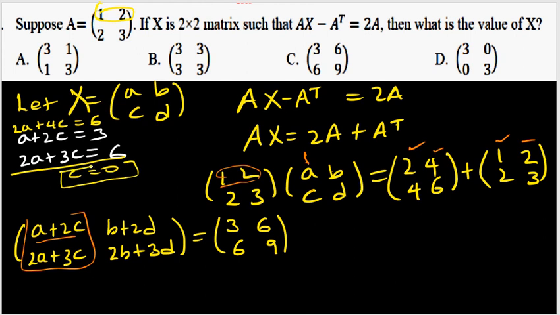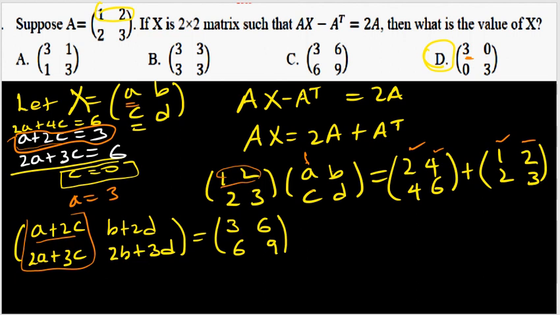Which choice has c as 0? The c place is here, so the answer must be D, but we can check the others. Once you have c, substitute into the first equation: 2 times 0 is 0, so a must be 3. Where is the a place? The first one, 3. Yes, it is correct.